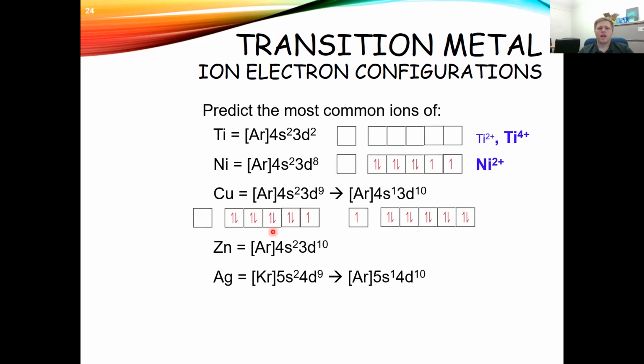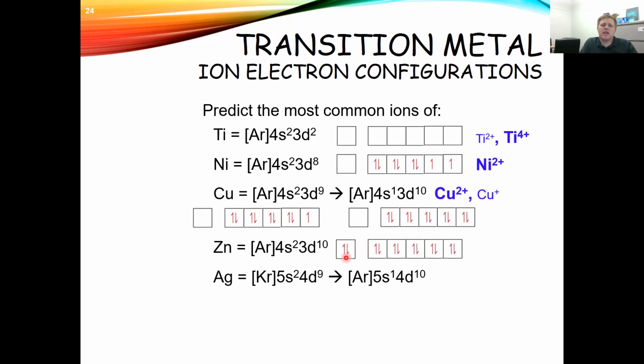And so copper can actually undergo both of these losses, and it can form copper 2+ or copper +. And ironically here, the copper 2+ is the more abundant. Again, you wouldn't have to be able to know that by looking at the electron configuration, but you would be expected to make a reasonable guess as to which ions are formed.